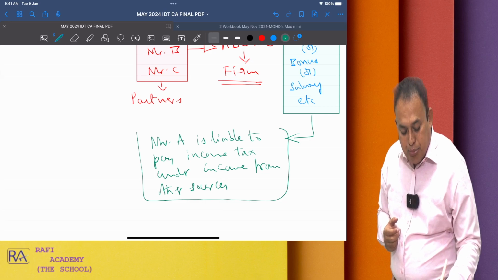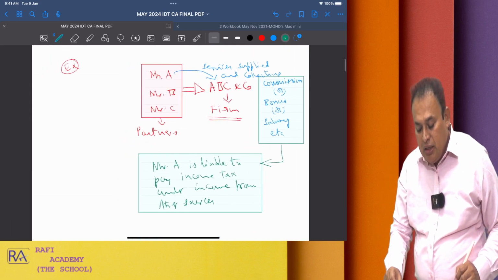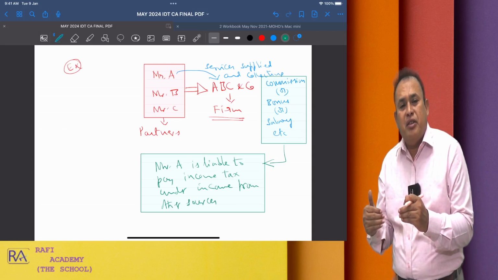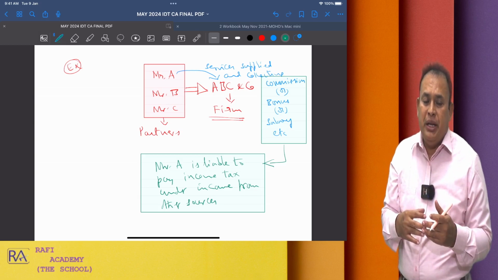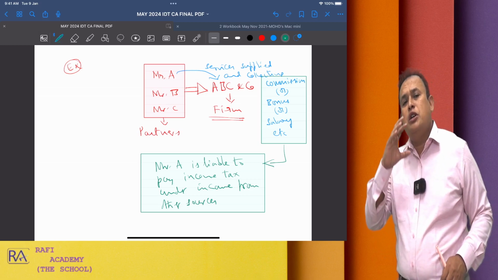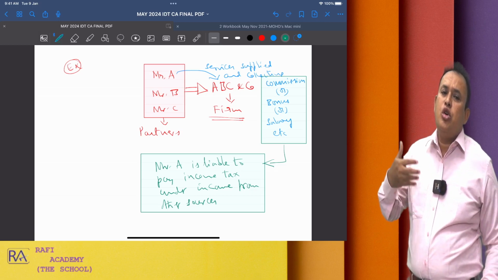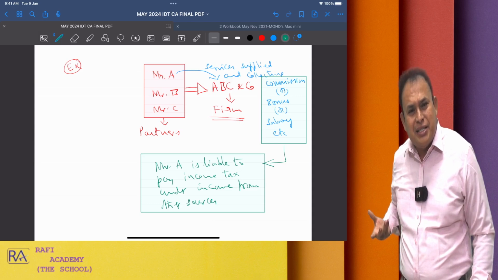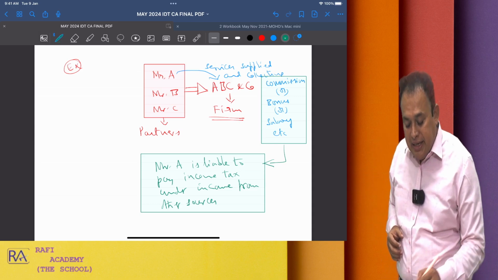If it is not PGBP, it is other sources. Now, in that case, Mr. A provides services to ABC and Company, being a partner of ABC and Company, where he draws commission, bonus, salary, which are not going to be taxed under the head salary. Just because it is not going to be taxed under the head salary, is Mr. A liable to pay GST here? The law of the land here says, understand, here it is a partnership firm.